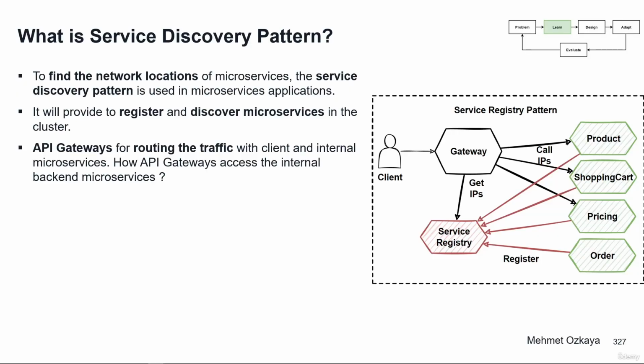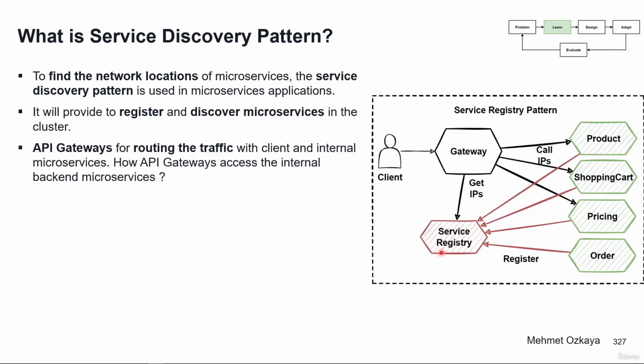How do API gateways know the target IP addresses and port numbers for backend microservices? You can see the picture. We put the API gateway in order to route requests to the internal microservices, but how does the API gateway know the IP address of the internal microservices? At that stage, the solution is applying the service registry pattern.